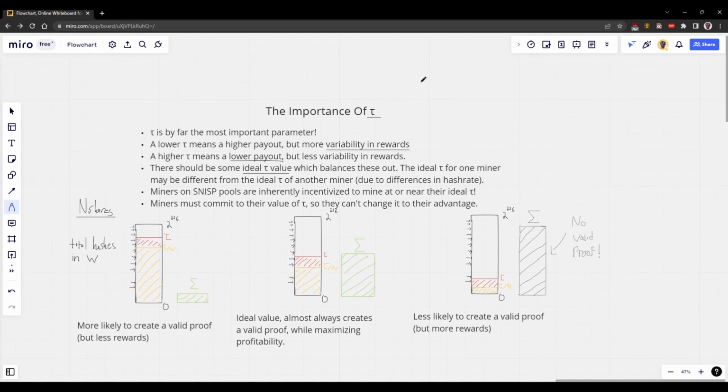So just as a mathematical way of thinking about it, we can calculate the ideal TA value simply by performing this equation.